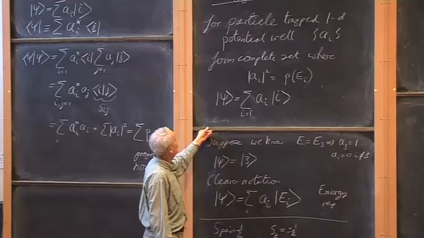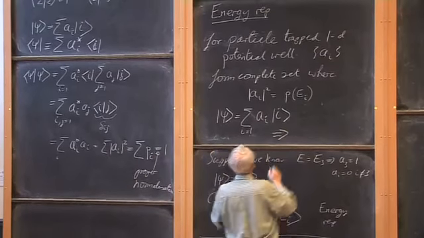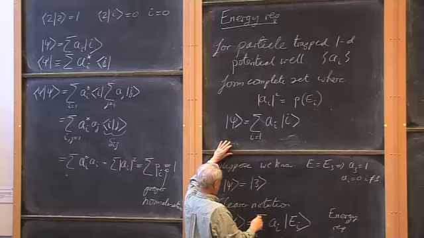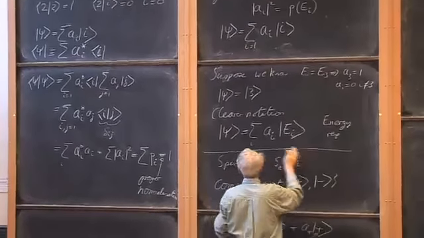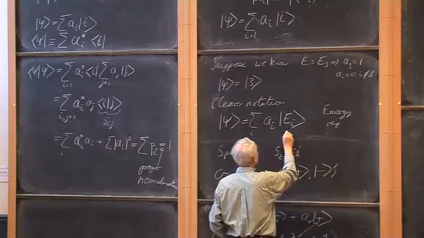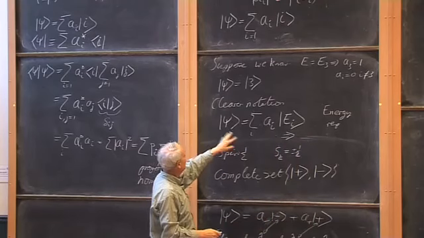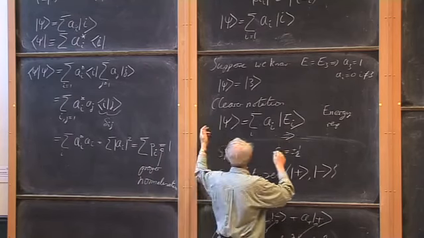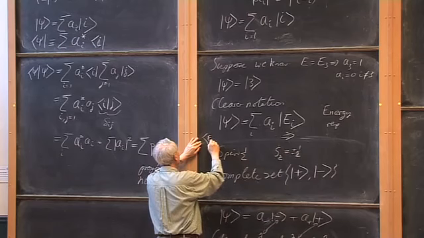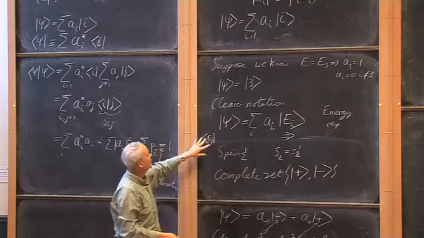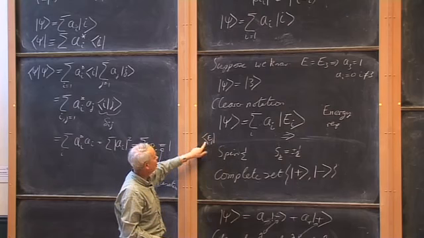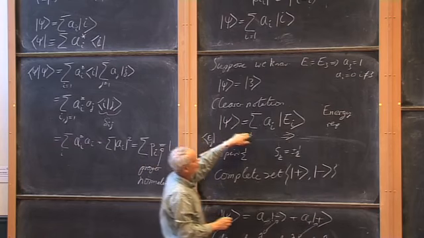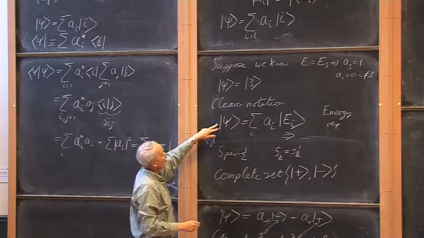Let us point out a very simple fact: if I multiply this equation through by the bra Ej, so that I evaluate the function Ej on both sides of the equation, then what am I going to discover?